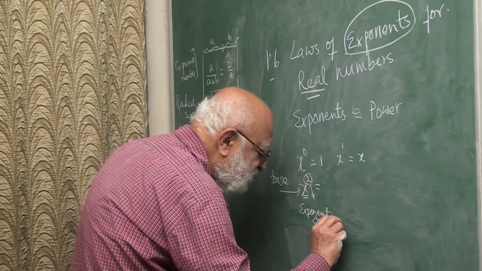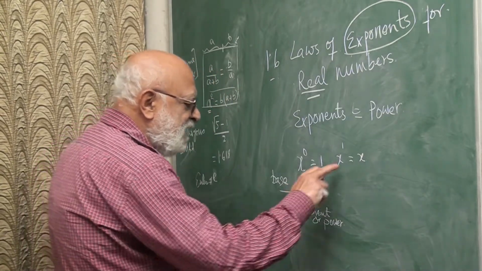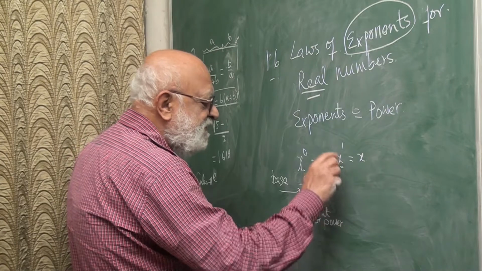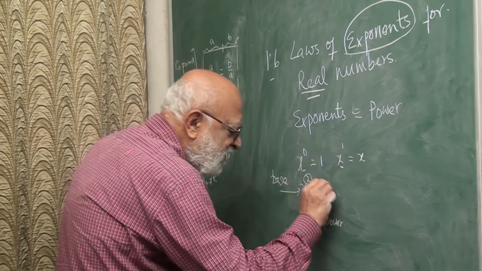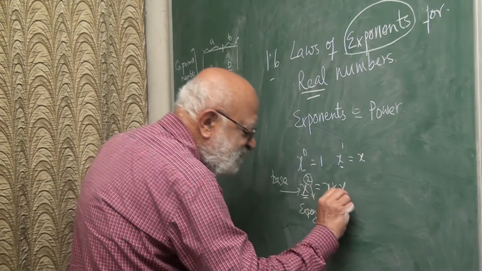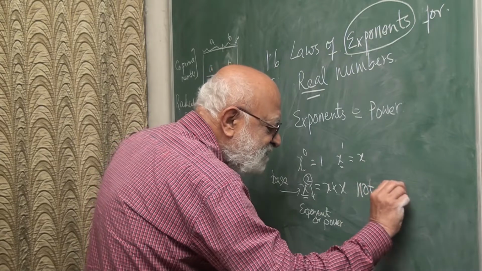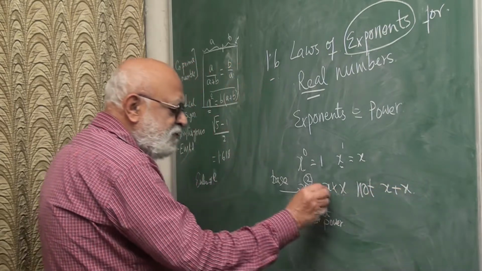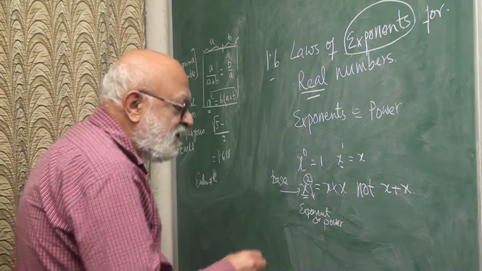Don't get confused. So here the base is x, the same base. So x to the power 2 means what? x into x, not x plus x.